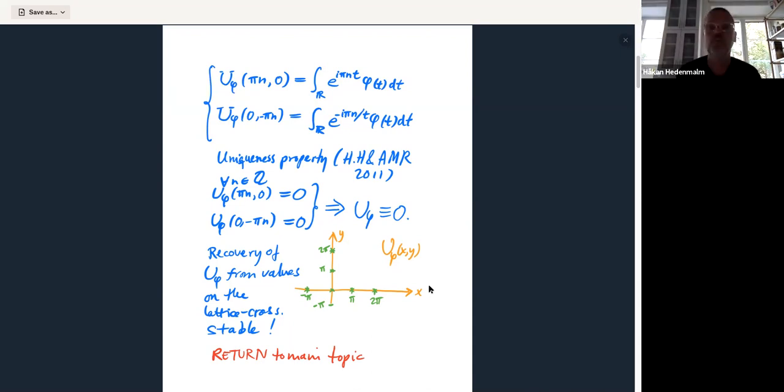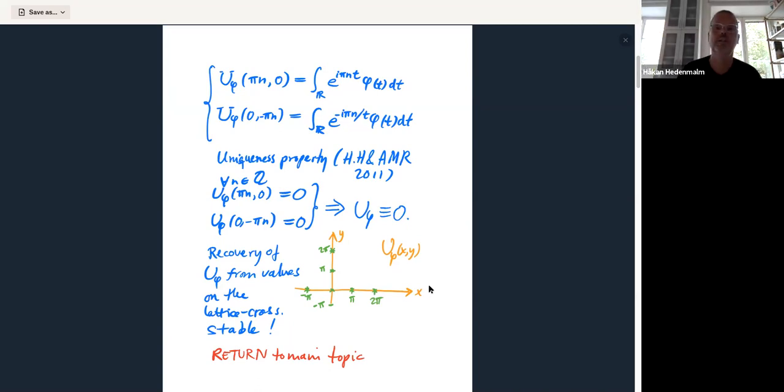That's very unusual. You'd need to have it like an entire function to have such a property, right? If you have a function that vanishes on, well, Cartwright's theorem or something, if the function vanishes on just the integers with some growth control, then maybe it vanishes everywhere if it's an entire function.